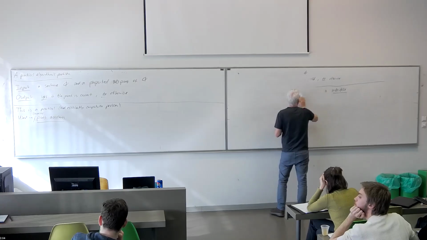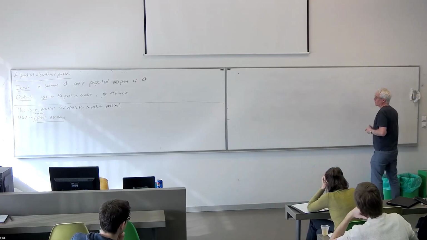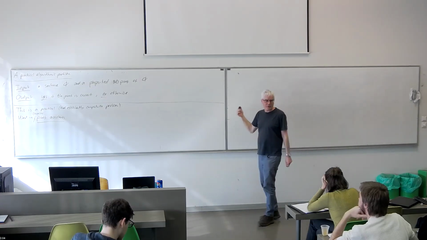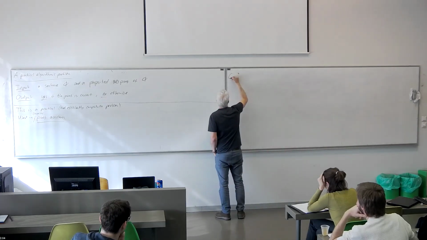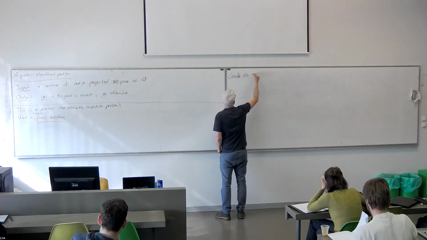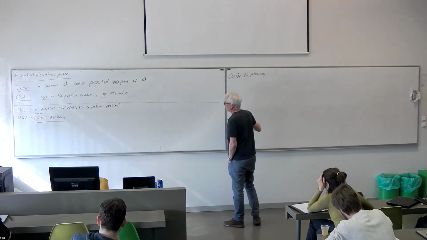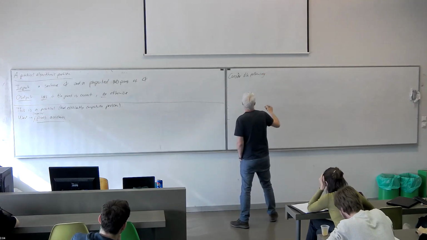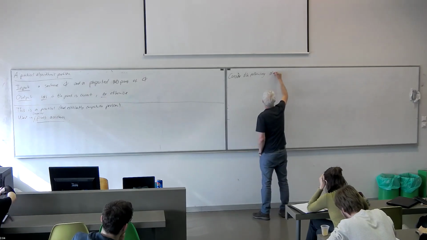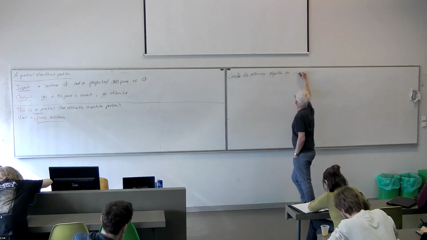So we've seen that validity is an undecidable problem, but we know there's actually an algorithm for it. Now, what's wrong with this algorithm? Consider the following algorithm for validity.